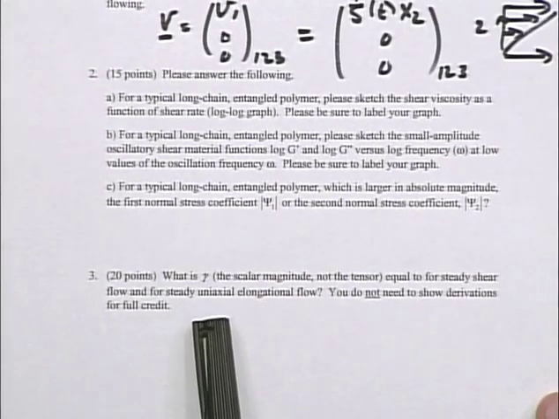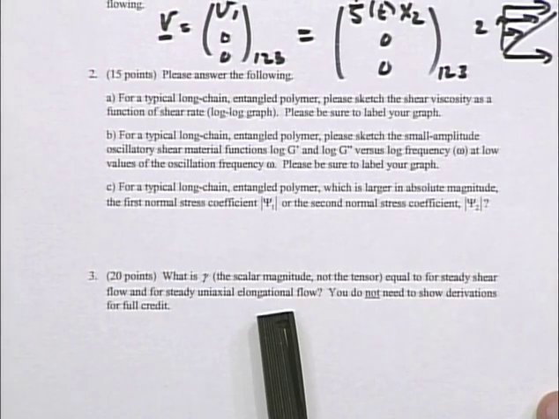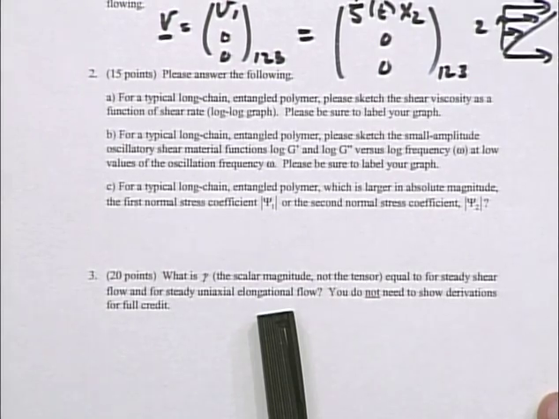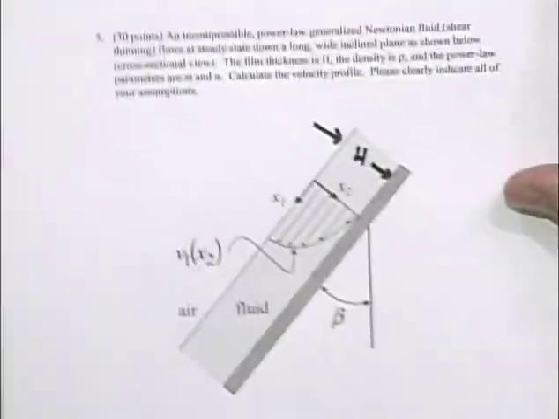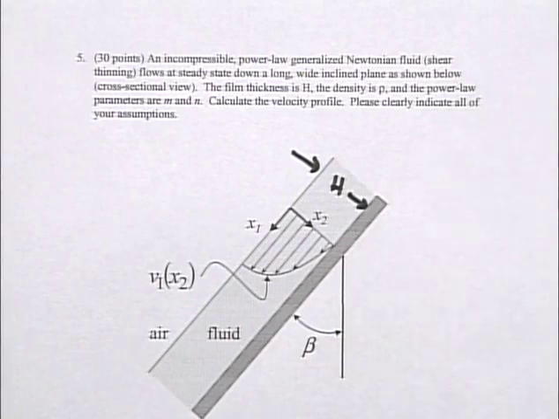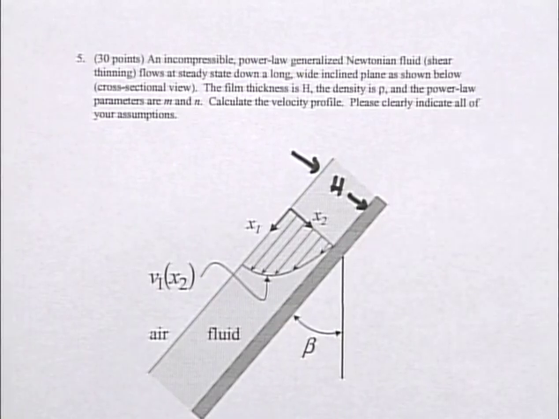Problem 3 was on one piece of the task of predicting material functions, which was calculating the magnitude. Every time we do the generalized Newtonian fluid, we need the magnitude of the rate of deformation tensor. So that one was number 3. Problem 4 was an actual prediction of a material function, and problem 5 was a flow problem. So that's typically the structure I use for the exam.